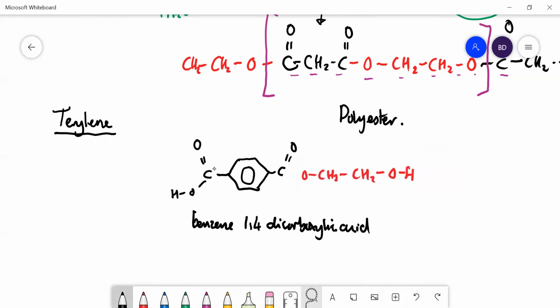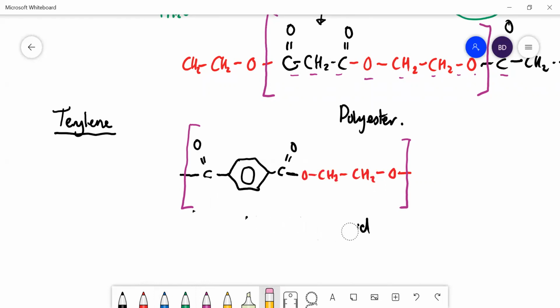I'm going to draw a new bond there. Okay, I'm going to end my repeating unit there. And that's where the repeating unit starts. So the benzene 1,4-dicarboxylic acid was the monomer. I'm going to get rid of that now because it's not the monomer anymore. And we formed that, and this is Terylene, and that is a repeating unit of the polyester Terylene.